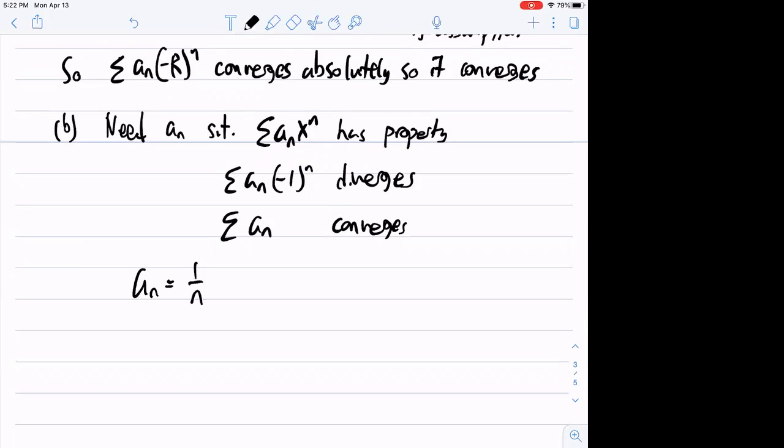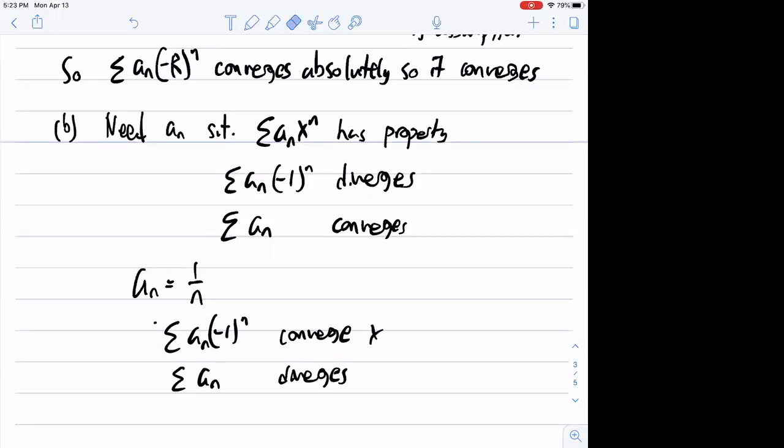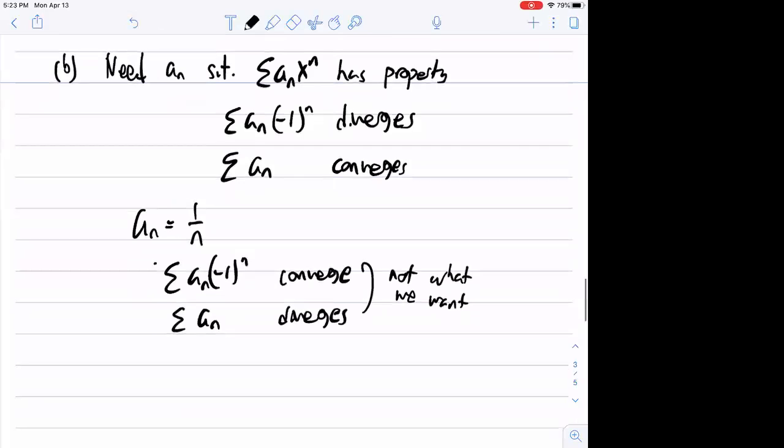If I just put a_n as 1 over n, it's the opposite, right? Because if I put a_n as 1 over n, the sum of a_n -1 to the n will converge, and the sum of a_n diverges, right? So it's sort of the opposite of what we want. We want the opposite, right?